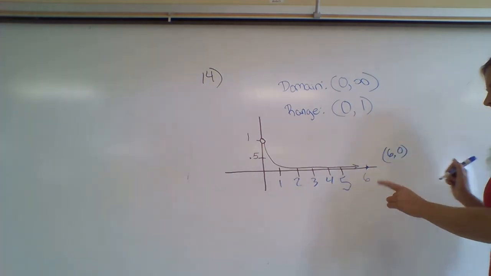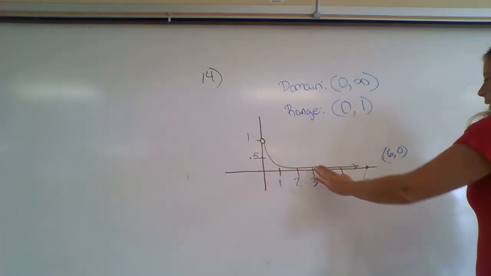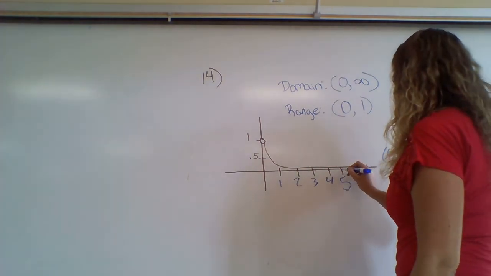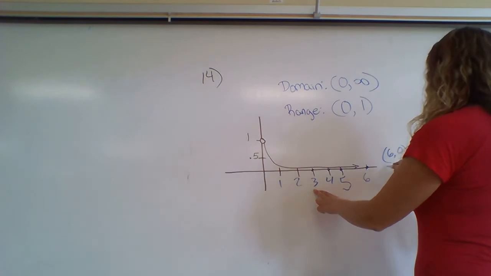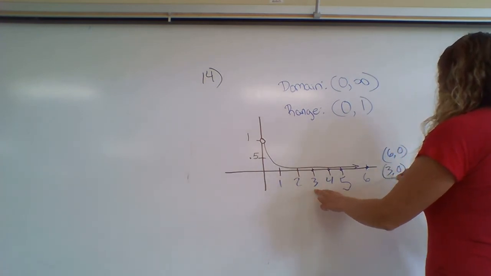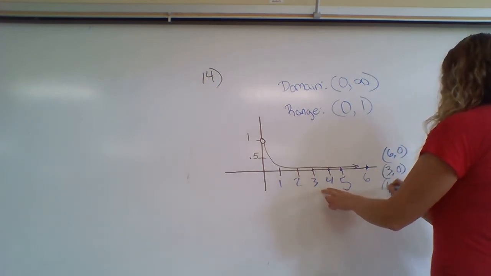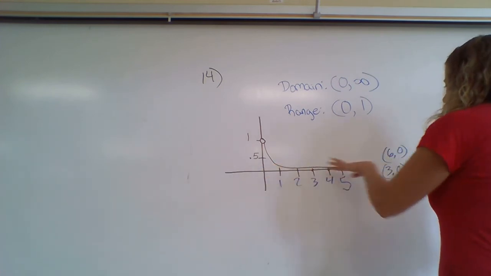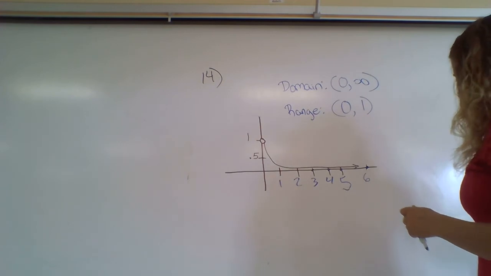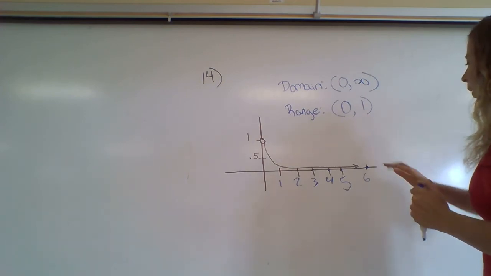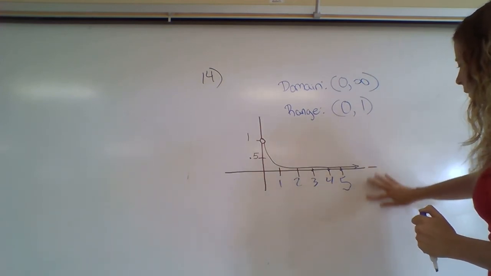We know this. If it's on the x-axis, so like here or here, then it would be (3, 0), (4, 0). If it's on the x-axis, then y is equal to 0. Okay. Anyways, sidetrack. But we're never actually going to hit 0.